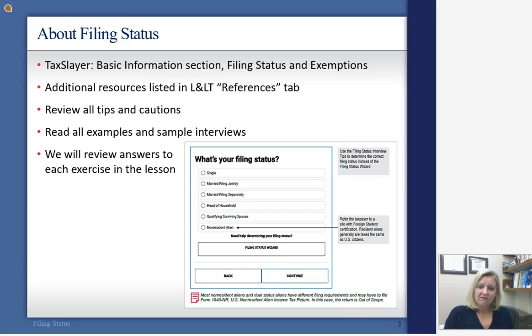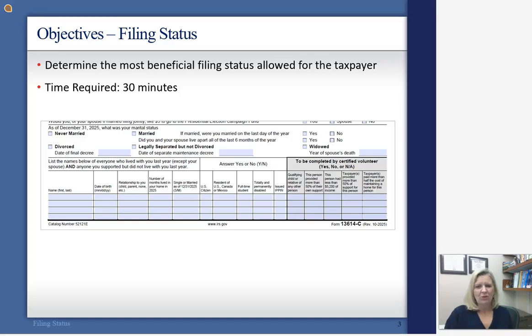You can do the filing status wizard to determine what their filing status should be, and we'll talk about some other considerations to make if you need to help advise them on whether to do married filing jointly or married filing separately. But the filing status wizard will go through a series of questions, and it will kind of walk you through what the filing status should be.